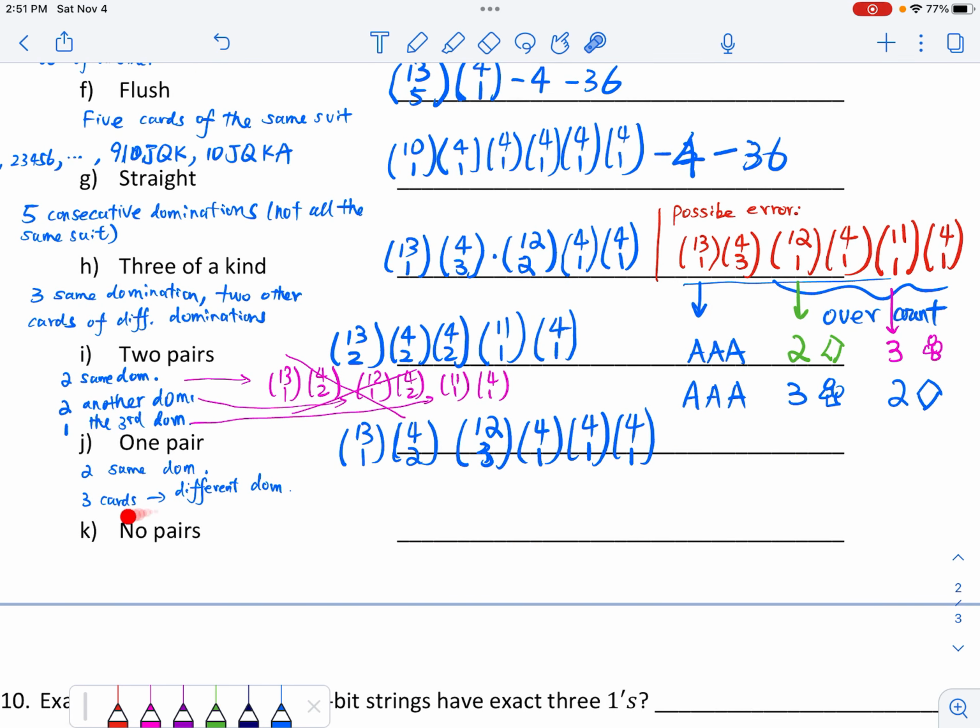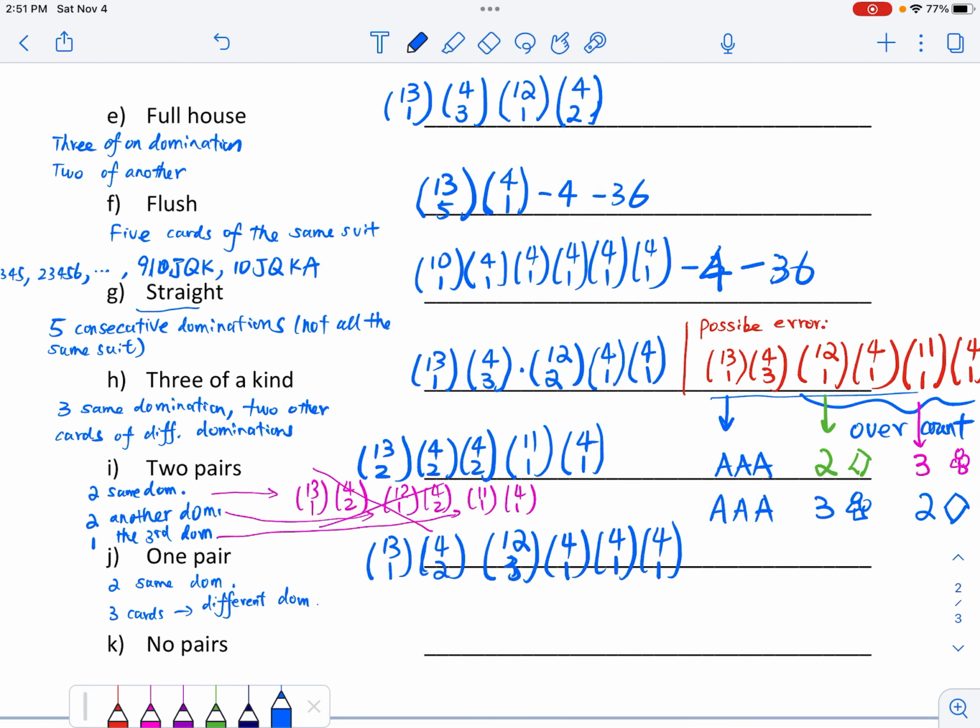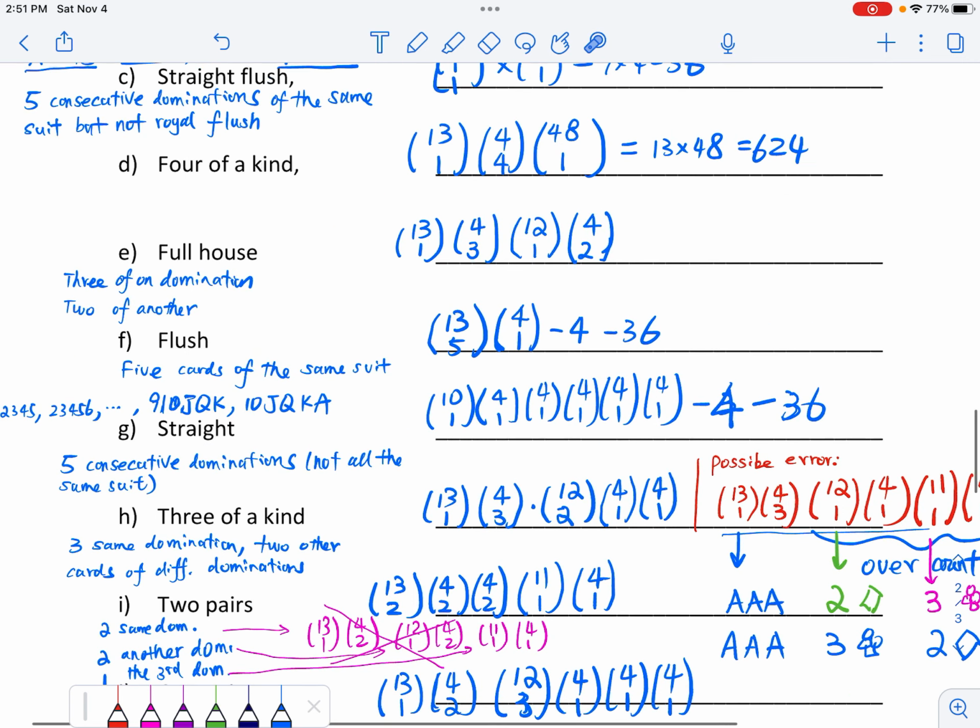The very last one is no pairs. No pairs means all the numbers, all the dominations, are different. And they cannot be straight, they cannot be a straight flush, and they cannot be royal flush.